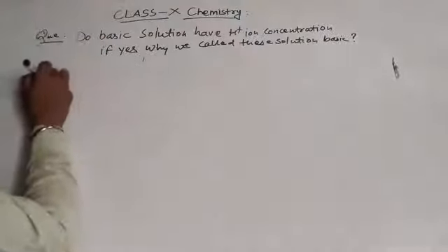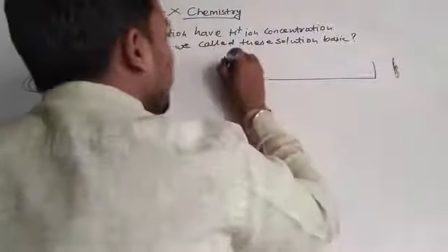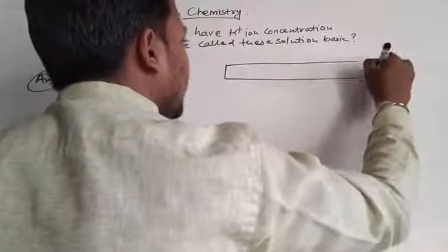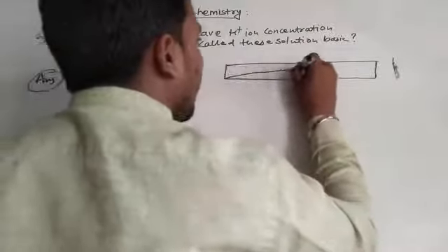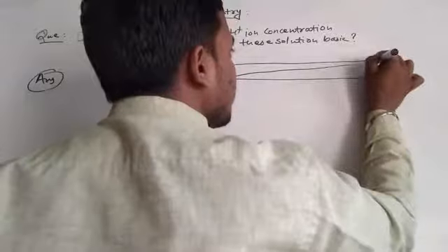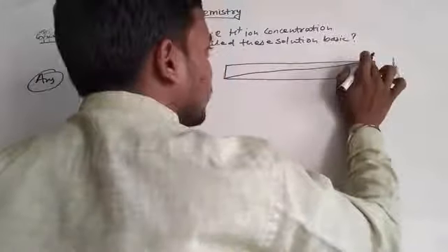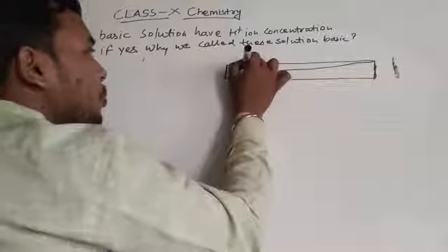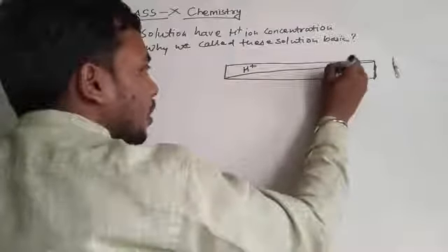So the answer will be, as you know, during the discussion of pH value and universal indicator, we also discussed this graph-like structure. It represents the H plus ion concentration and the OH minus ion concentration.